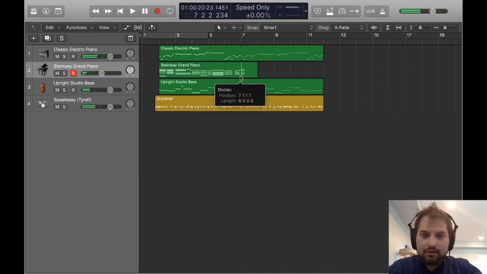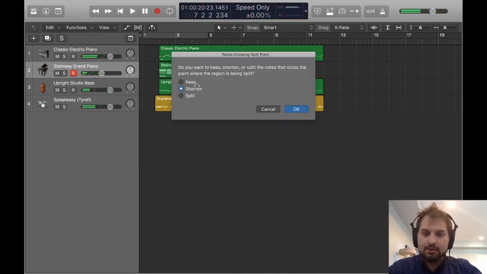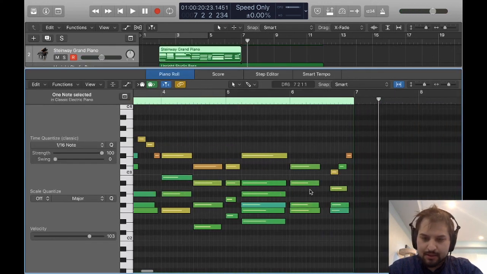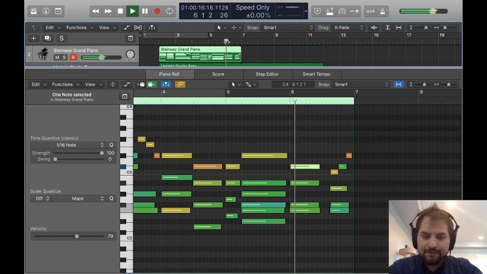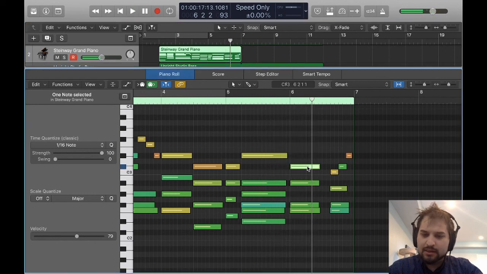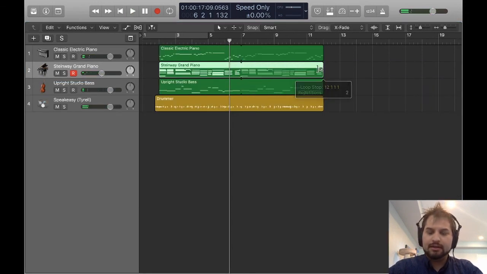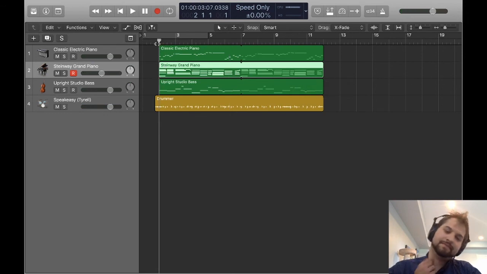Let's get rid of that little last chord, shorten, and I think I missed, oh, I accidentally played a D flat in there. Does that sound okay? Oh, let's make that a C. Yeah, that's better. Okay. All right, let's hear what this sounds like. Let's hear if it's convincing.